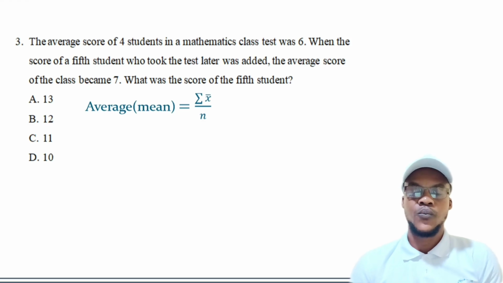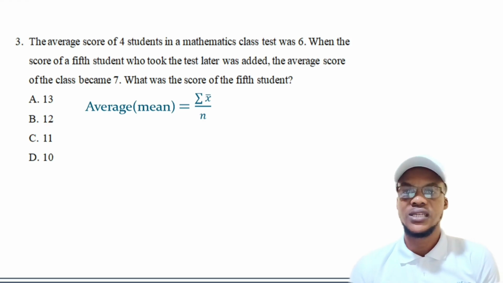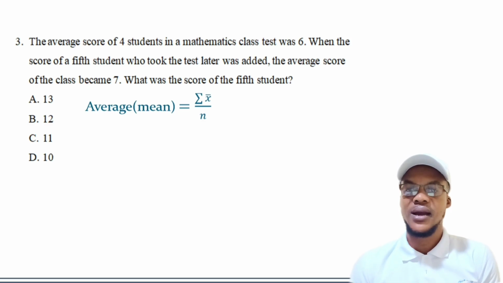So if that's the case, the first set, the average score of 4 students, was given as 6, so we need to know the sum. When we say sigma, or summation, it means that we want to know the total of the scores each of the students had.